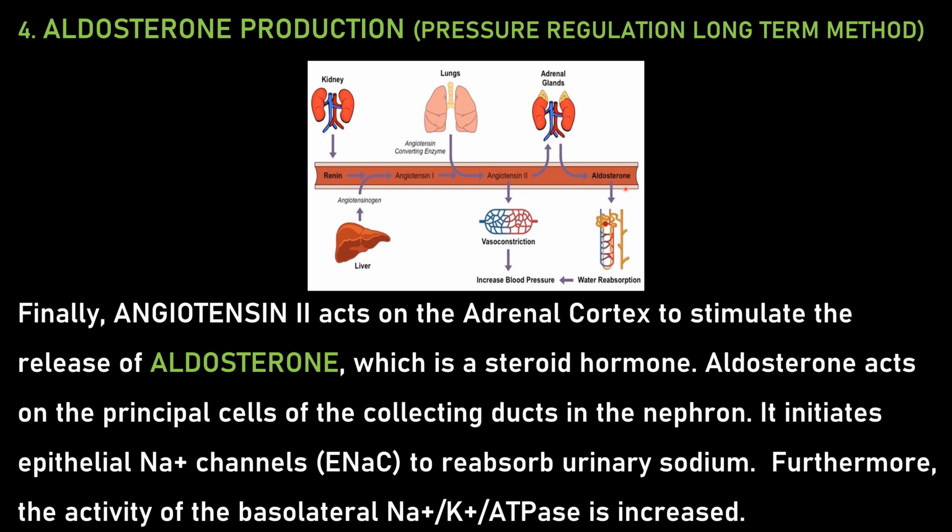Aldosterone acts on the principal cells of the collecting tubule ducts in the nephron. It initiates epithelial Na+ channels to reabsorb urinary sodium. Furthermore, the activity of the basolateral Na+, K+ ATPase is also increased.